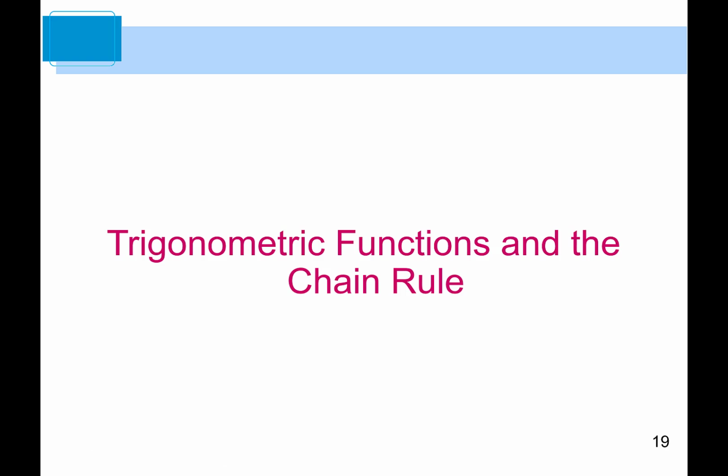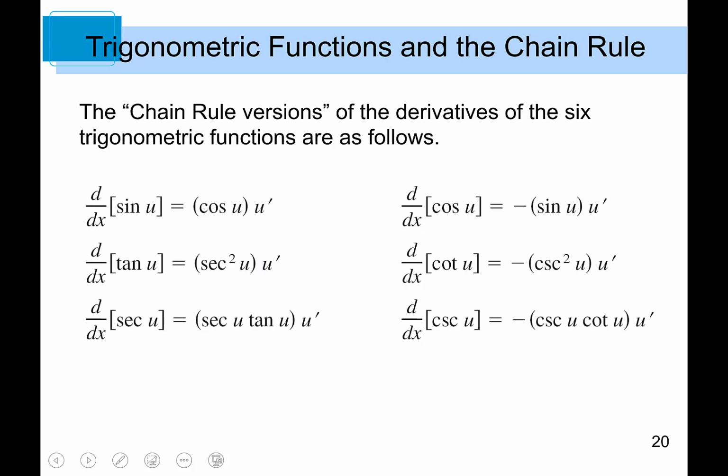The very last thing, we're going to take a look at trigonometric functions and the chain rule, right? Apply the chain rule to trigonometric functions. So derivative of sine u equals cosine u times u prime. So differentiate sine u becomes cosine u, and then times the derivative of the inside function, u prime.